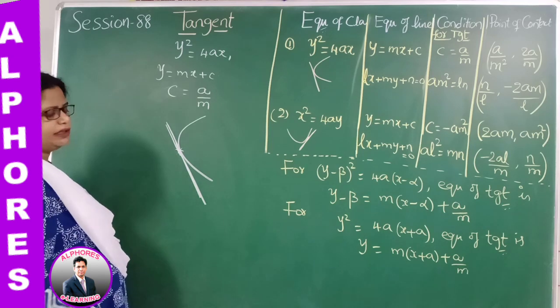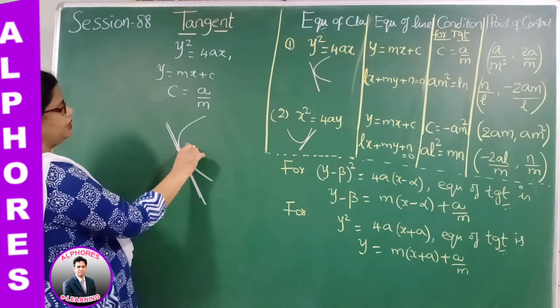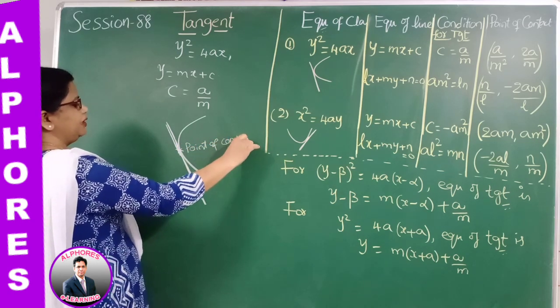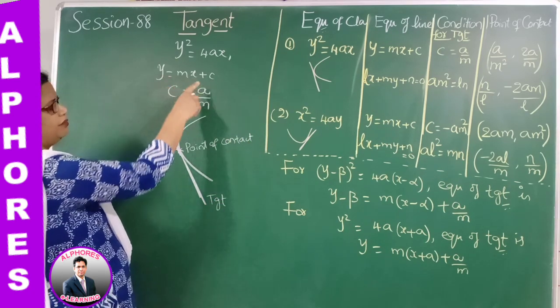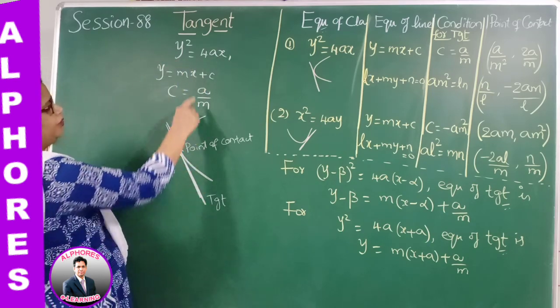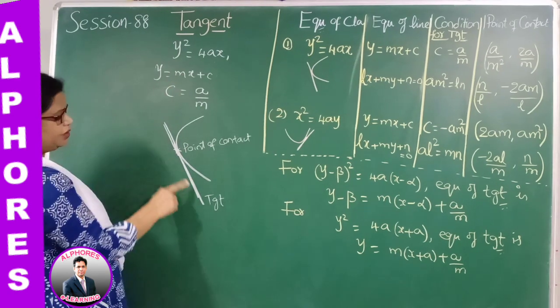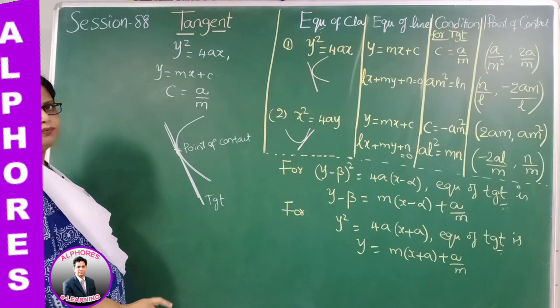This point is nothing but the point of contact, and the line is a tangent line. Therefore, whenever y equal to mx plus c touches the parabola y square equal to 4ax where c equal to a by m, we can say this line is a tangent to the parabola in standard form y square equal to 4ax.